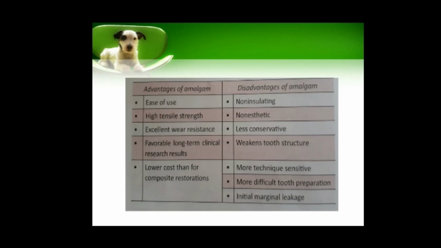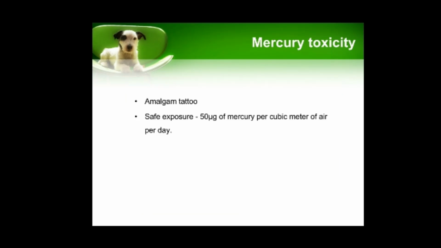Disadvantages include that it is non-insulating, non-aesthetic, less conservative, it will weaken the tooth structure, is more technique sensitive, more difficult in tooth preparation, and will have an initial marginal leakage. Mercury toxicity includes the amalgam tattoo, which is a common pitfall of amalgam restoration. The maximum level of occupational exposure is considered to be 50 micrograms of mercury per cubic meter of air per day.